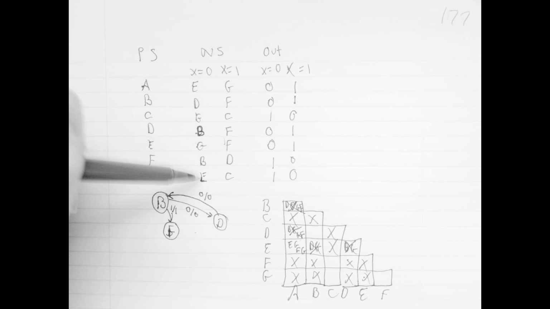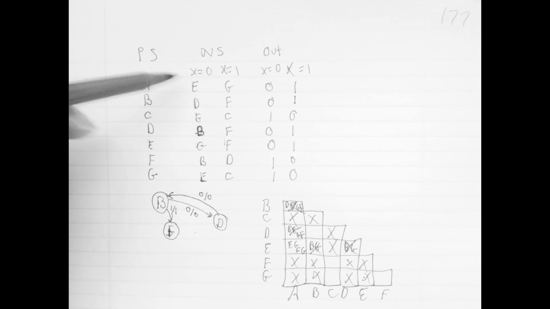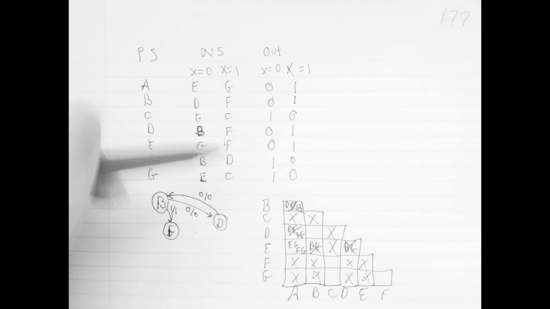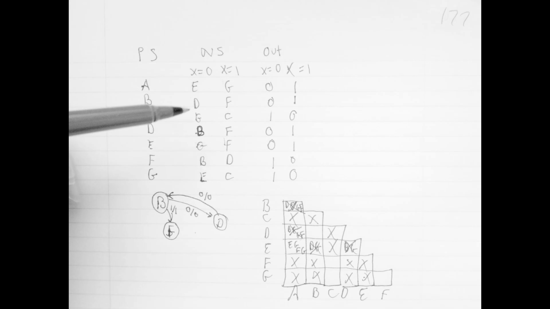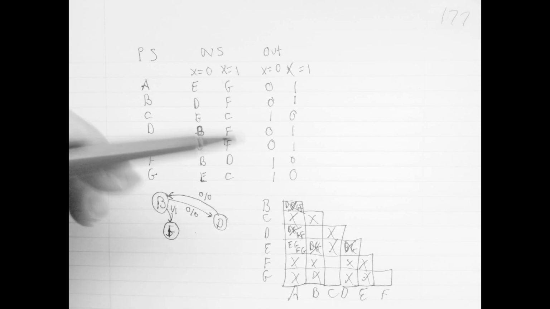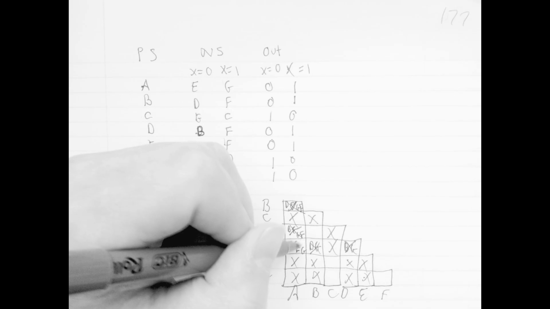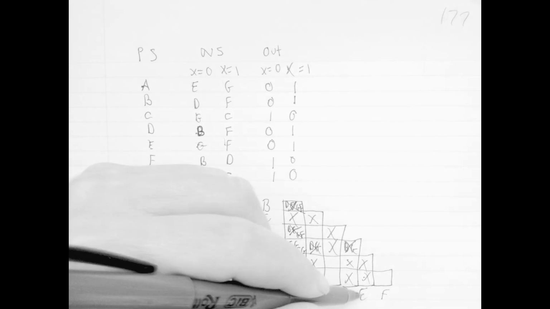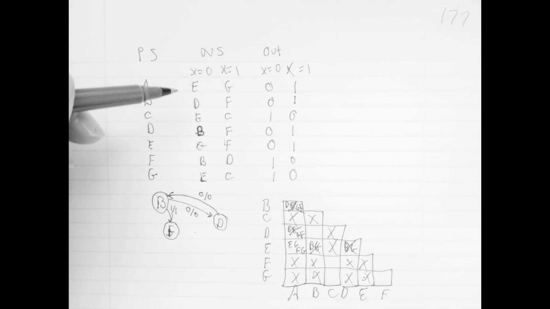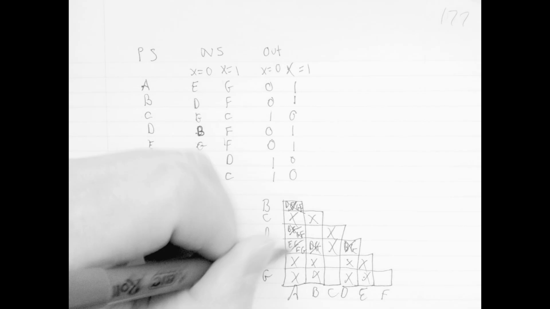EG, that's E to A, right? AE is EG, GF. Yeah, that's correct. And so then this must be E to G, and E to G is definitely going to have an X in it, so this must have an X in it.